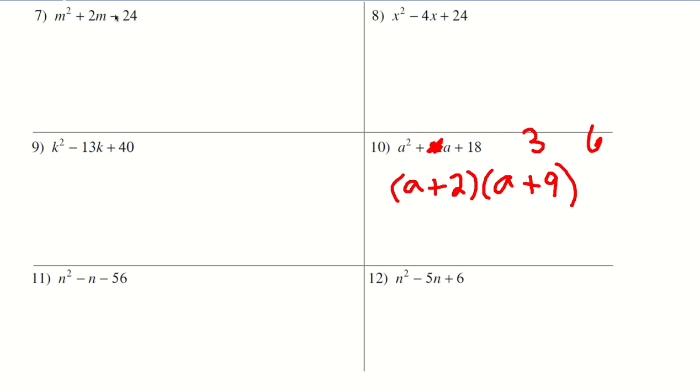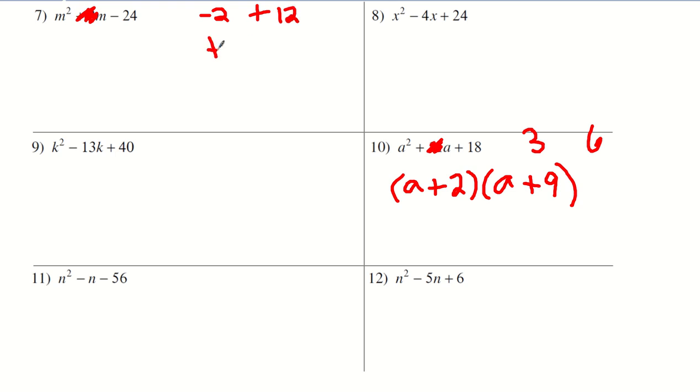Now, if you are doing a slightly tougher example, potentially negative 24. So let's just kind of cover this up. You know what I mean? What could that be for this to be able to be factored? Well, numbers that multiply to make negative 24, for example, would be like negative 2 and positive 12.